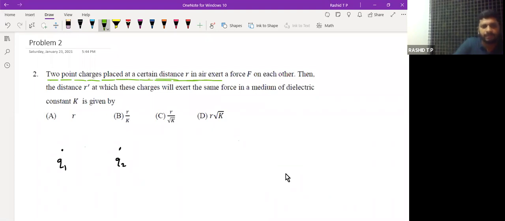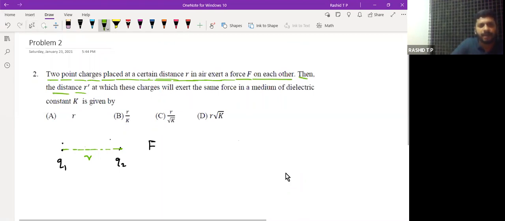They exert a force F on each other. This one exerts a force on this one, and this one exerts a force on this one. That means the force exerted by each one is F.